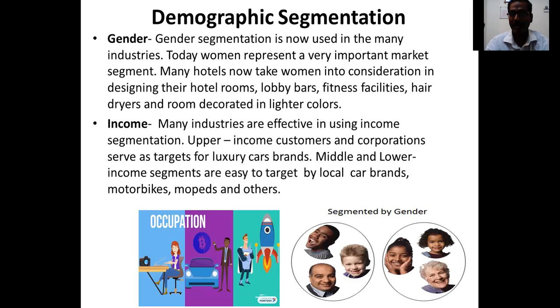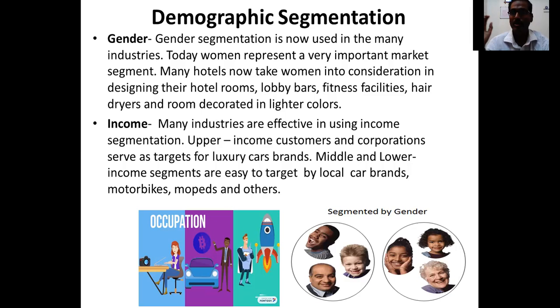I can give you a classic example. The Hilton hotel in Europe introduced a women-only floor. What does that mean? In a particular hotel there is a floor where all the rooms are allocated only for women, especially single travelers. So there is no male staying in any rooms on that particular floor.